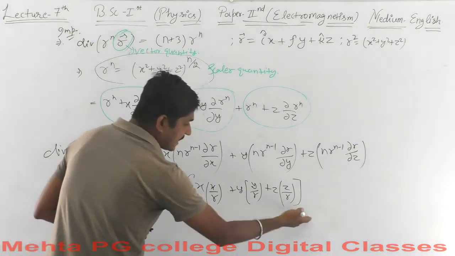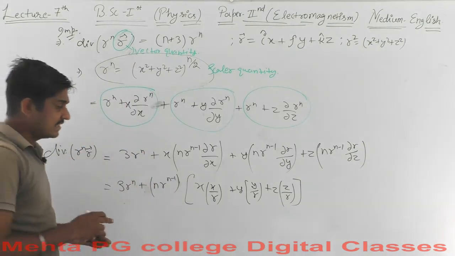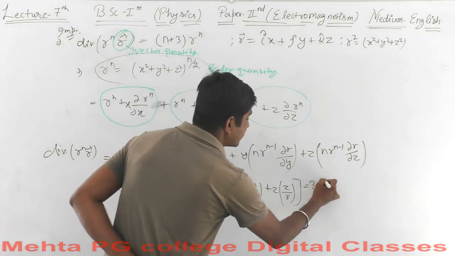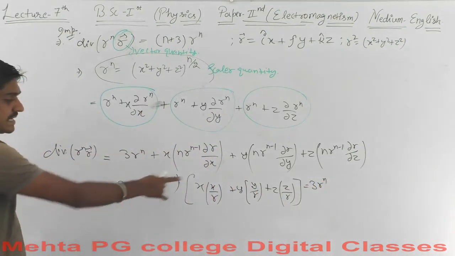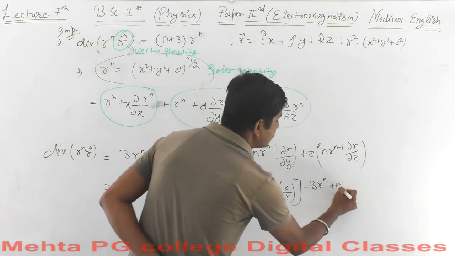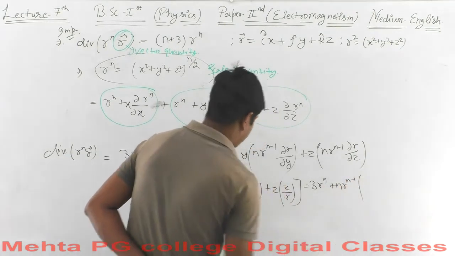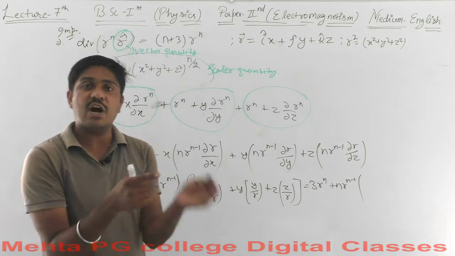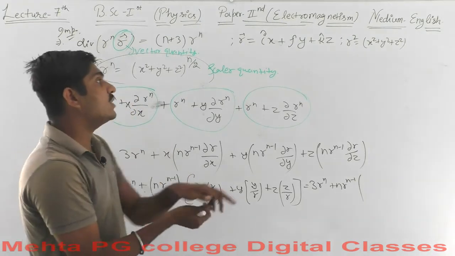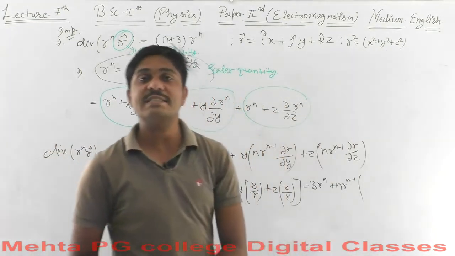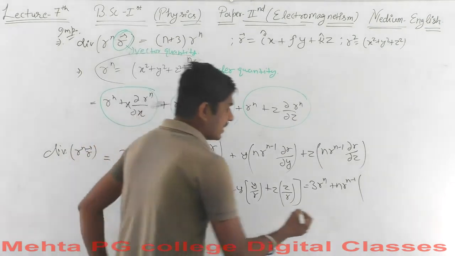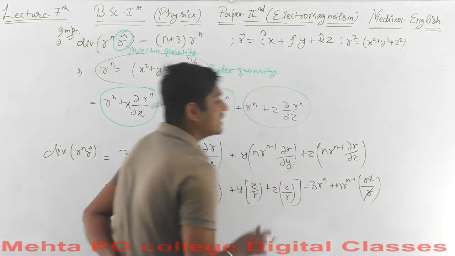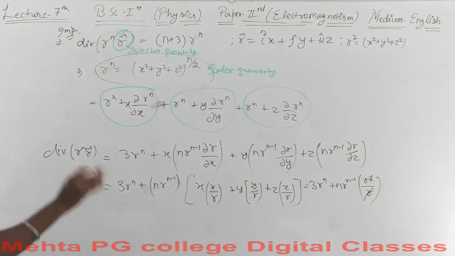Again, r can be taken common outside. So what do the other values become here? 3r raised to power n plus nr raised to power n minus 1 times x square plus y square plus z square over r. What is the value of x square plus y square plus z square? It is r square. So this is r square over r. The square can be cancelled here.